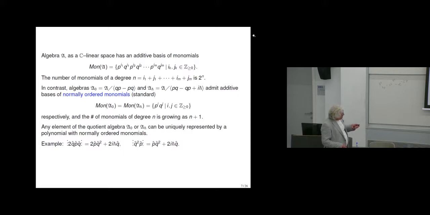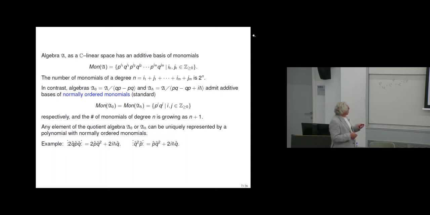So we want to have something quantum very close to classical. That is the property we want to change and keep. And physicists usually use so-called normal ordering. They select some ordering; there are plenty of orderings.